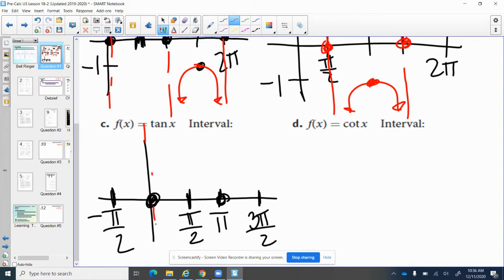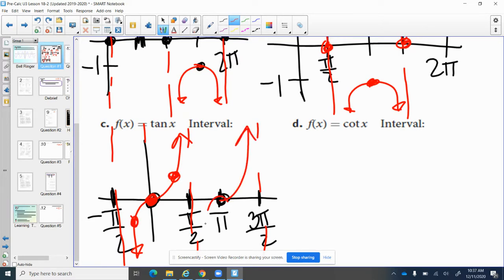In between, tangent of pi over 4 is 1 and negative pi over 4 is negative 1. So this is our parent function of tangent. And they're special because it repeats more often. It repeats every pi units.